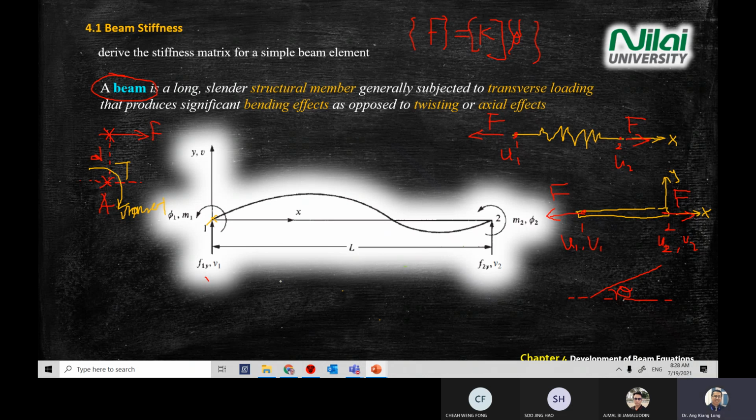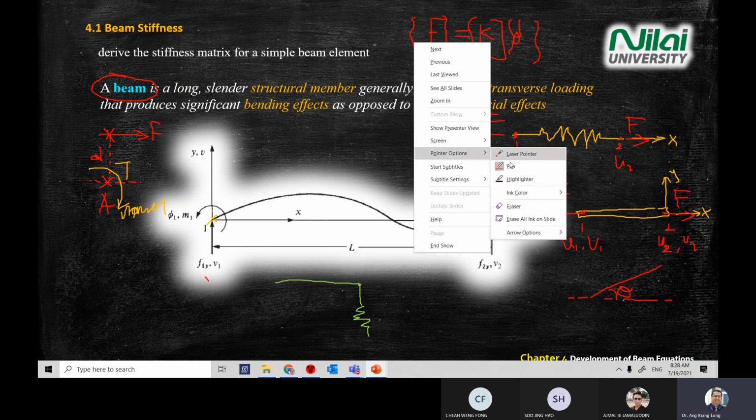If you combine beam and spring together in one system, then only you will consider the y or x.